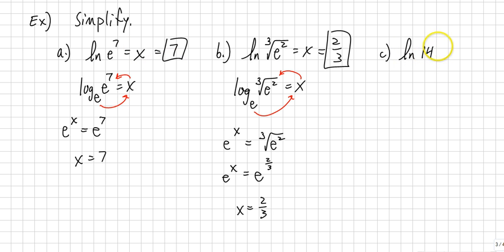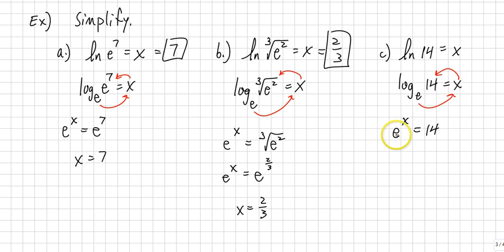Natural log of 14. So this equals some number. So that would be log base e of 14 equals some number we don't know. So if we convert that to exponential form, what power is 14? Well, e is an irrational number. It's a decimal. It goes on forever and doesn't repeat.